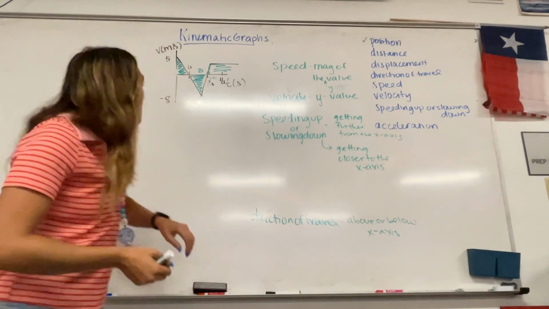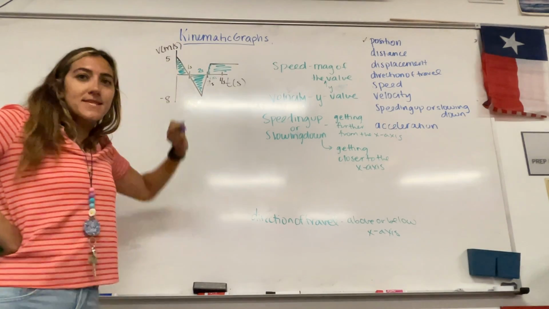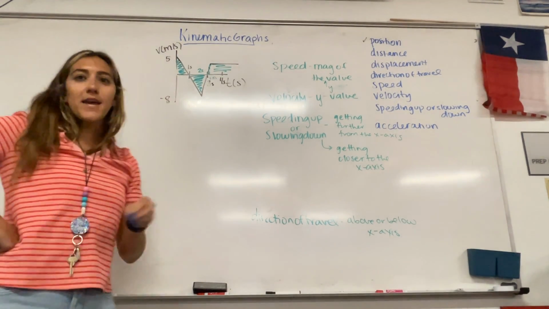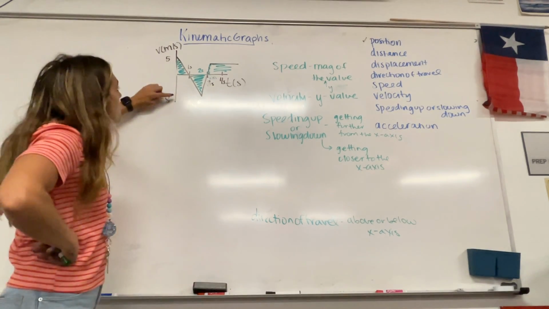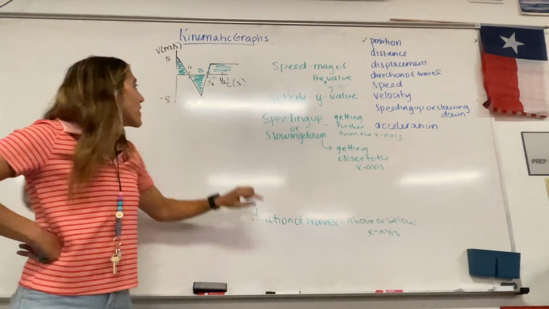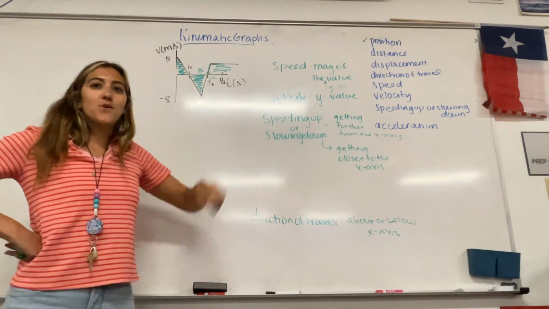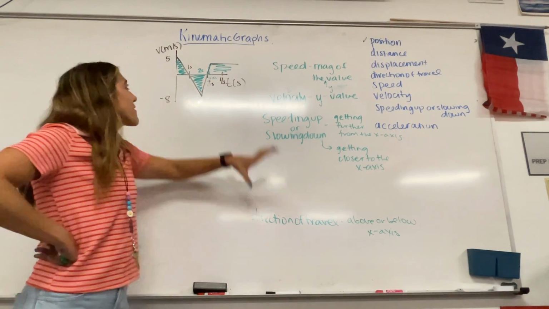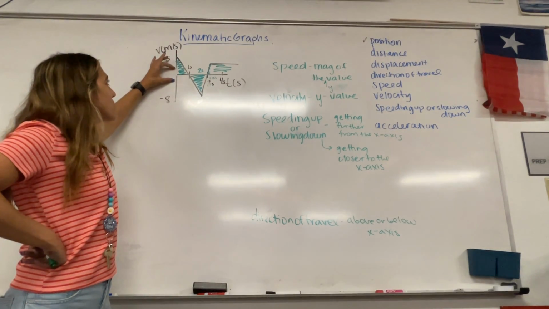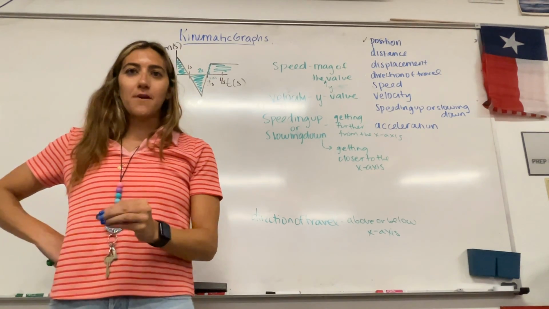This is important. If I'm getting closer to the x-axis, that means that my speed is going from 5 to 0. So I am slowing down. If I'm getting closer to the x-axis, that means my speed went from 8 to 0. So I'm slowing down. I'm going from some other speed closer and closer to 0. So I have to be slowing down.